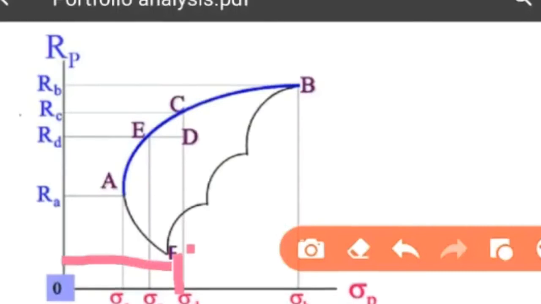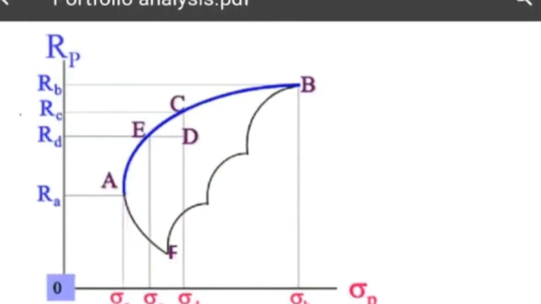So when anyone can get a portfolio with a return of 10 and a risk of only 10, obviously people will choose only those portfolios that have less risk and more return. So AF will be rejected. That is, AF is the inefficient portfolios and AC is the efficient portfolios, because at point A we have low risk and higher return.